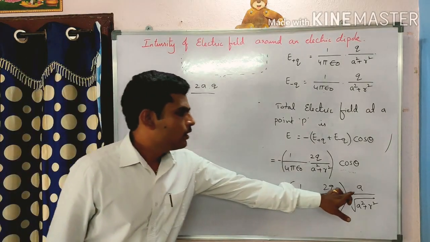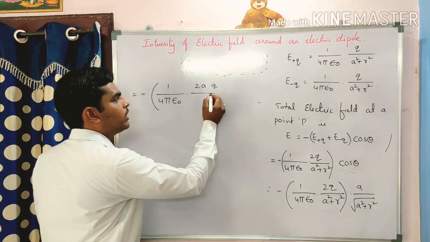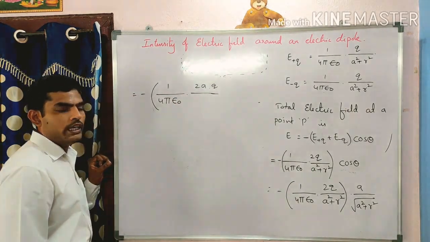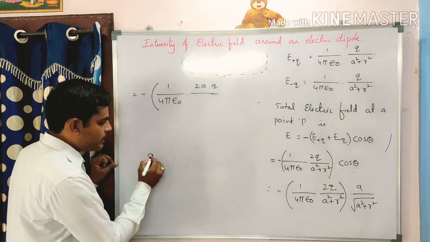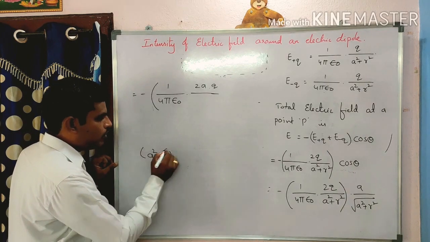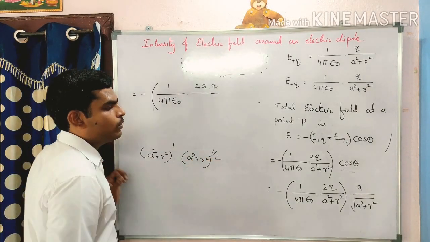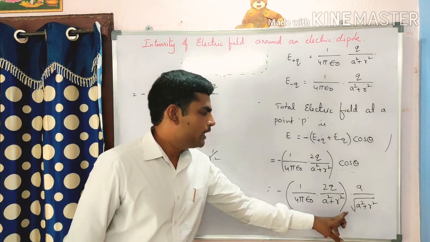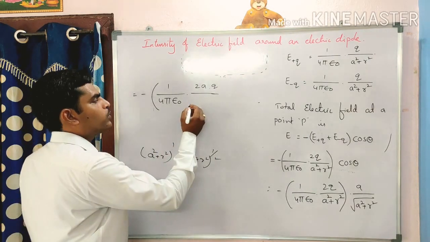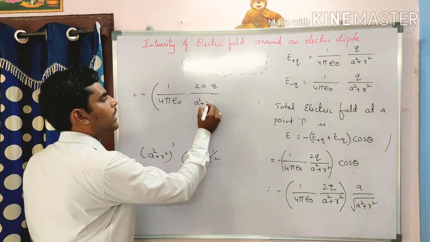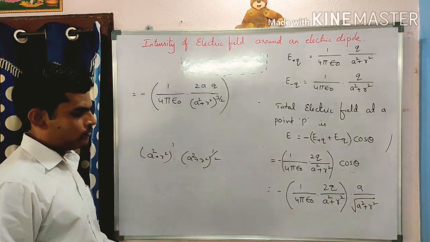You might have understood why I have written it like this. 2AQ by A square plus R square to the power of 1 times A square plus R square to the power of 1 by 2, the root. Multiplying these two, 1 plus 1 by 2 is 3 by 2. So A square plus R square to the power of 3 by 2.